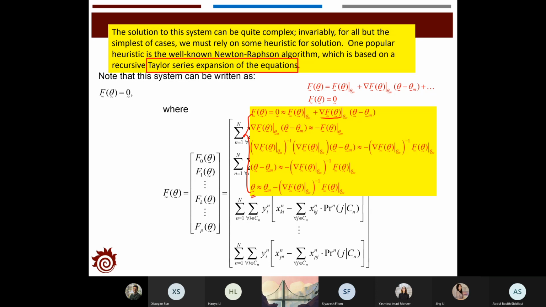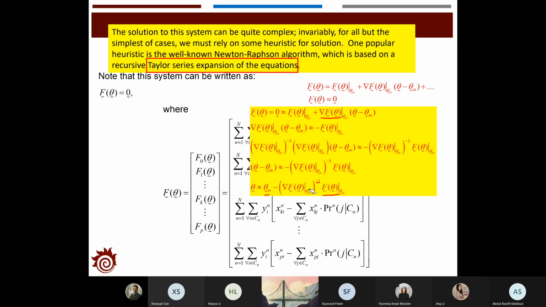With that, theta_(m+1) equals theta_m minus the inverse of the first order derivative of f(theta) at theta equals theta_m, times f(theta) at theta equals theta_m.